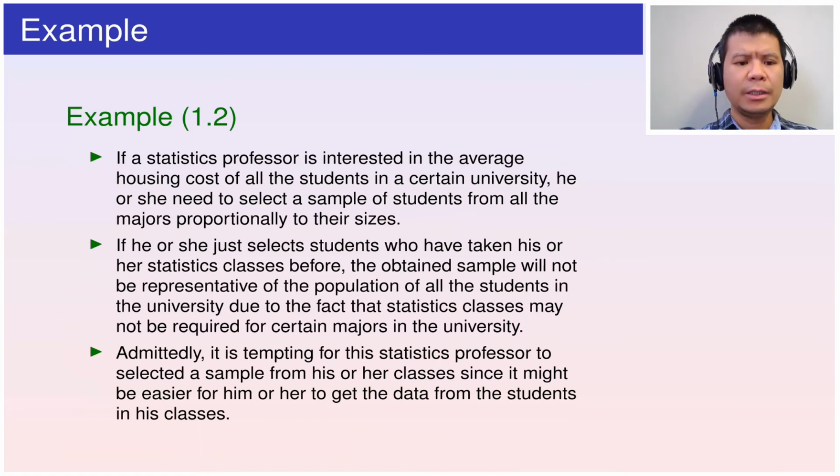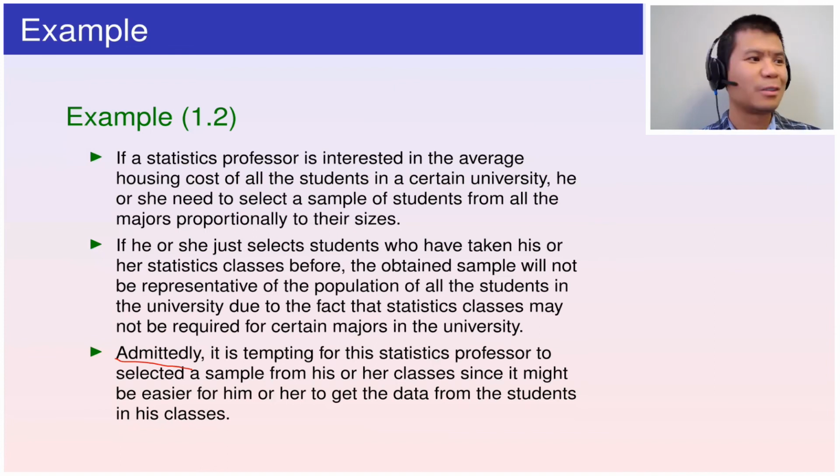Admittedly, it is tempting for this statistics professor to select a sample from his or her classes, since it might be easier for him or her to get the data from the students in his or her classes. That's reasonable.